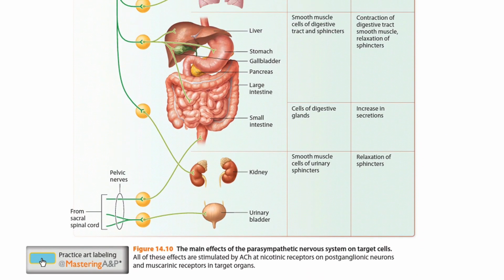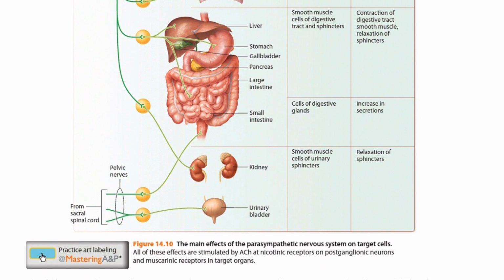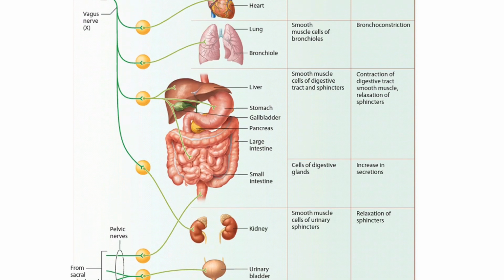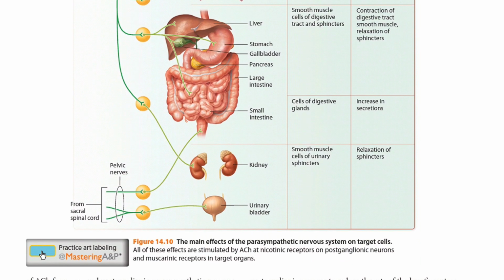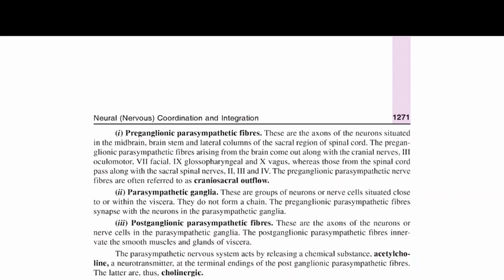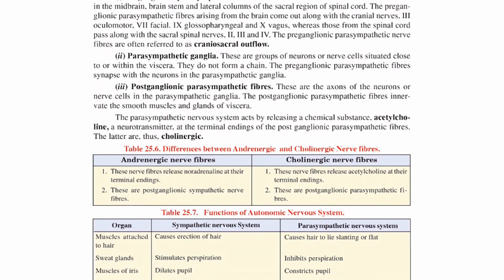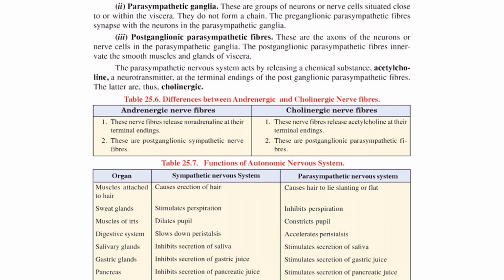Then this is the table of the main effects of the parasympathetic nervous system on target cells. Just in case you are interested, you can go through this table. Some additional information.